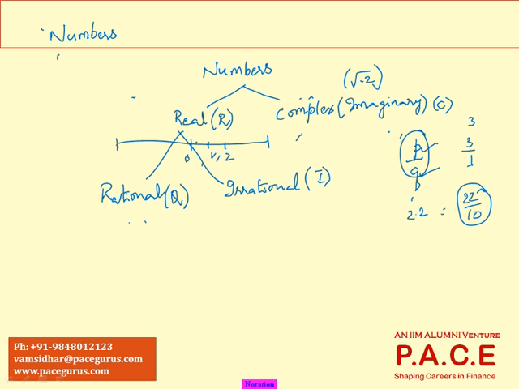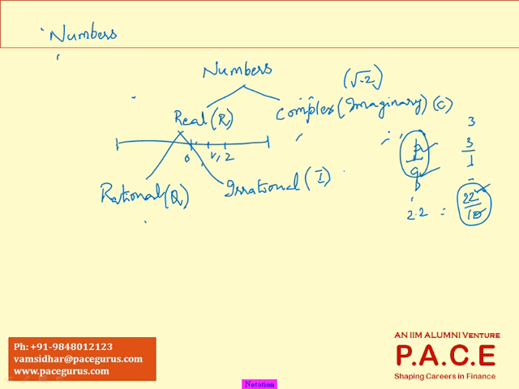What is this world of integers? They should be proper numbers, either positive or negative. They cannot be decimals, they cannot be anything else. No decimals, no fractions. Both the numerator and denominator should be proper numbers, either with a positive sign or with a negative sign.